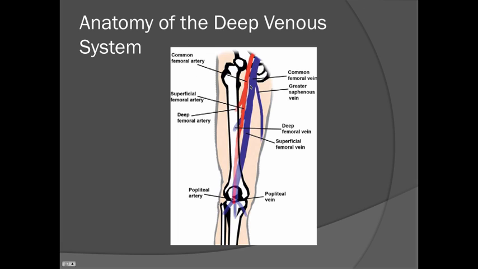So this is the first point where we're actually going to be evaluating for the presence of a DVT with the ultrasound probe. And the first tributary that branches off of the common femoral vein is this greater saphenous vein here. And we'll also see that when we look at images later.